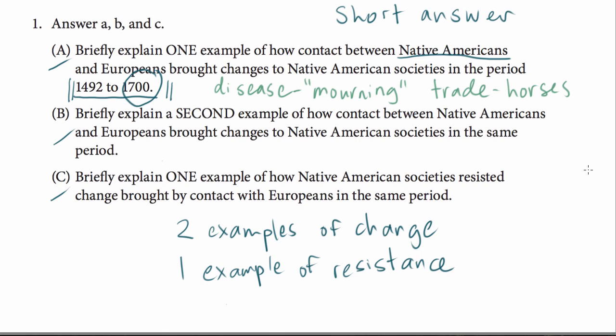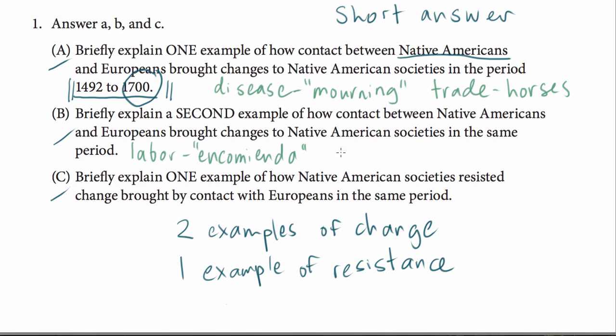What else could we talk about? Well, we could also mention labor. The Spanish tried to implement a system of encomienda labor, which would grant land to the Spanish for Native Americans to labor upon in a system of slavery.